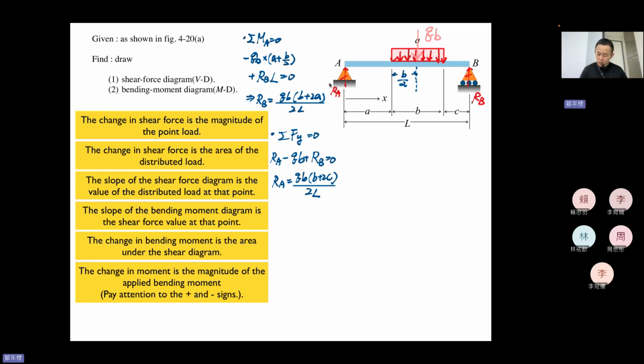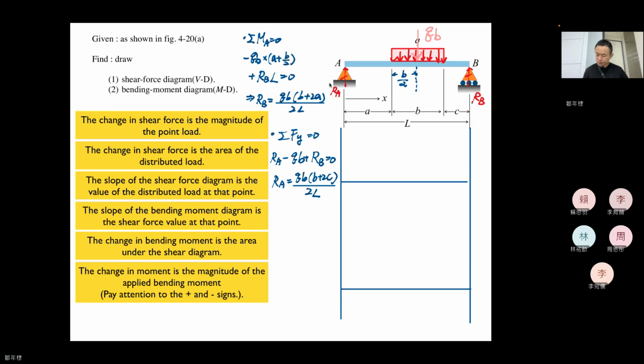Okay, so let's start to draw the shear force diagram and the moment diagram. Okay, 2 figures, and the first one is V and the other is M. Okay, and this is X, and this is 0, 0.